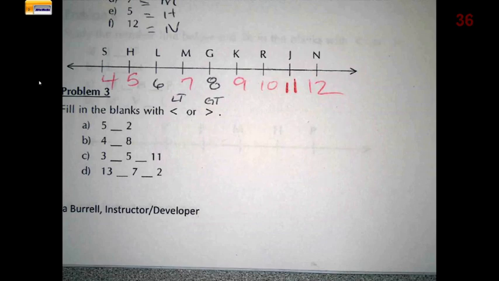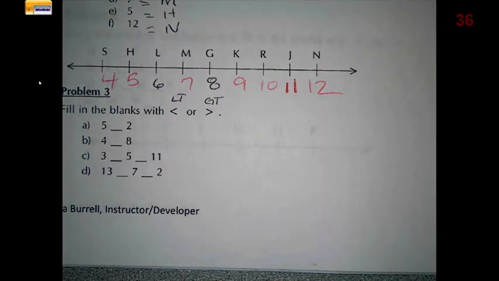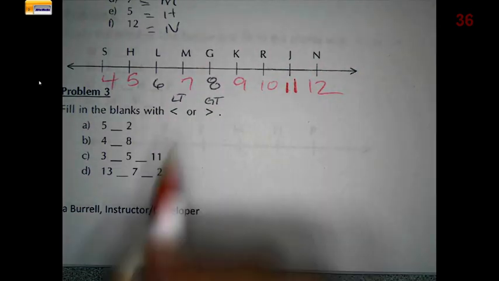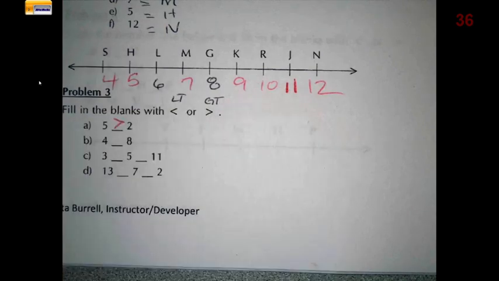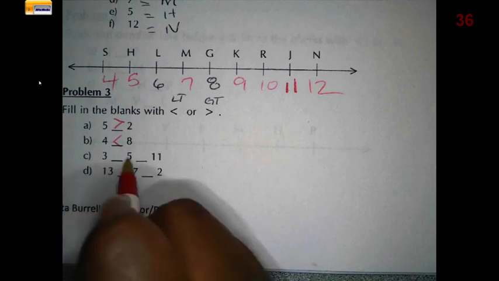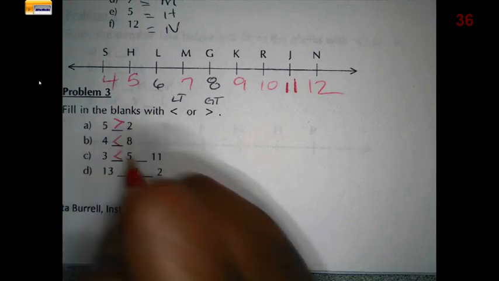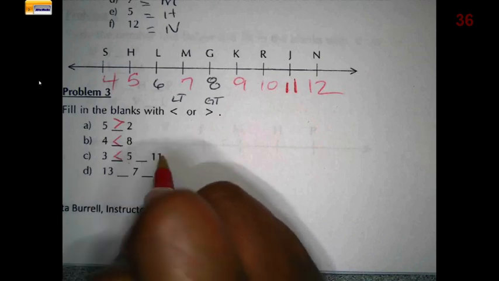So what symbol should I put for A? What about B? What about C? 3 is less than 5. 5 is less than 11. So that was a combo.